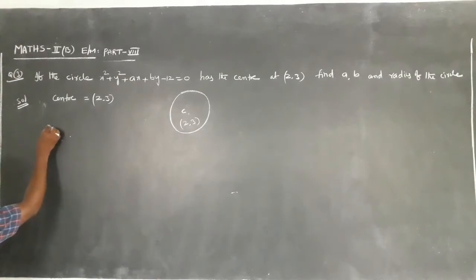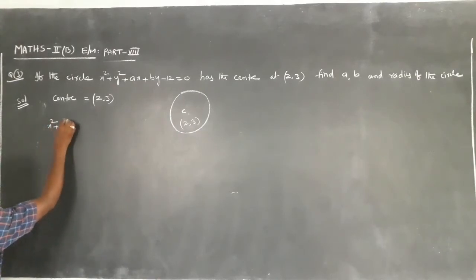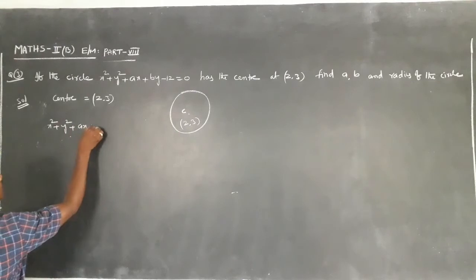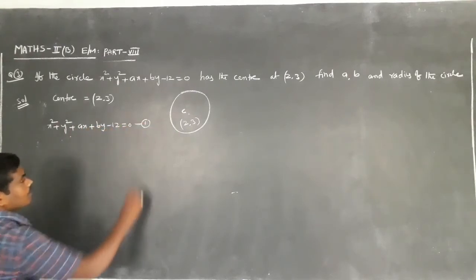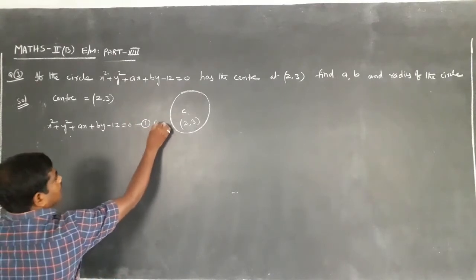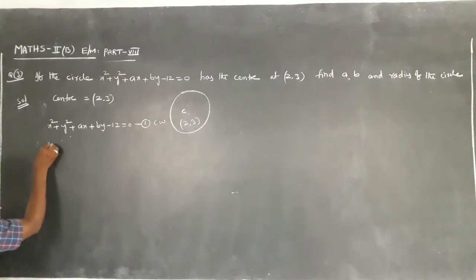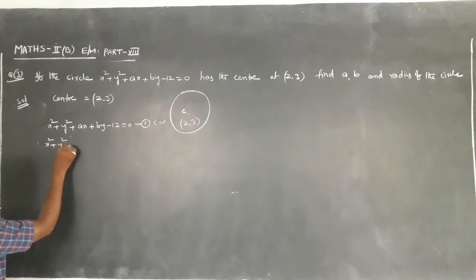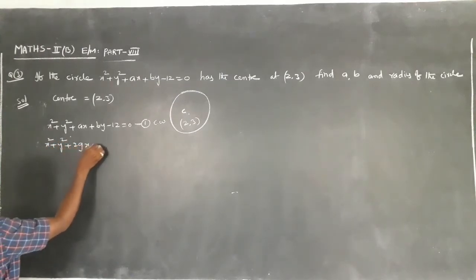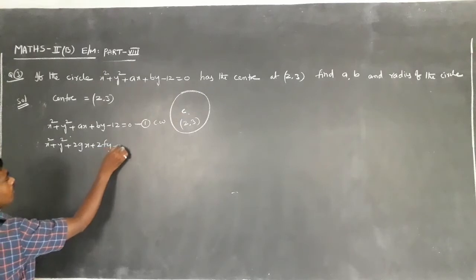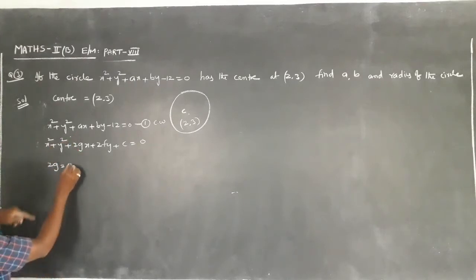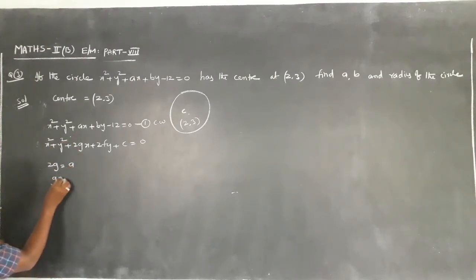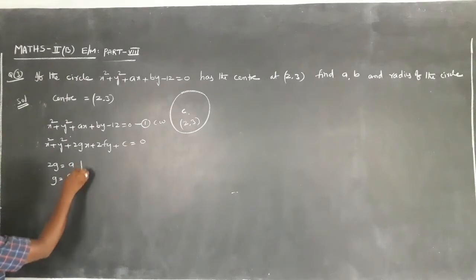First of all, we compare the given equation with the general equation, x square plus y square plus 2gx plus 2fy plus c is equal to 0. Here the x coefficient 2g is equal to a, so g is equal to a by 2.